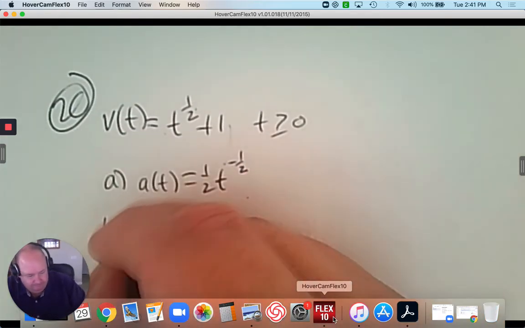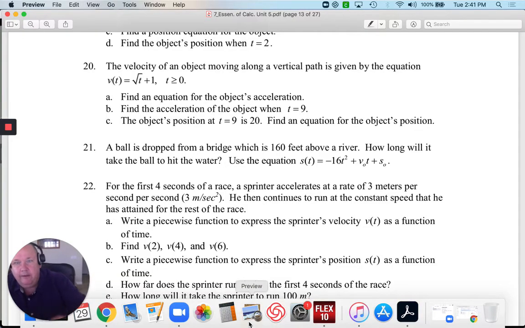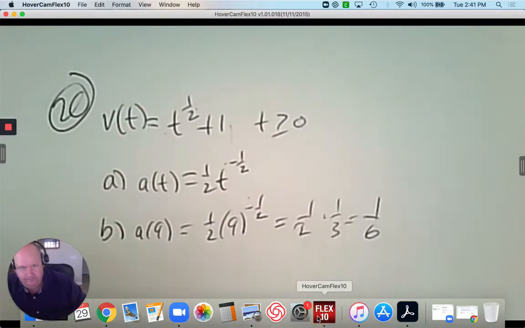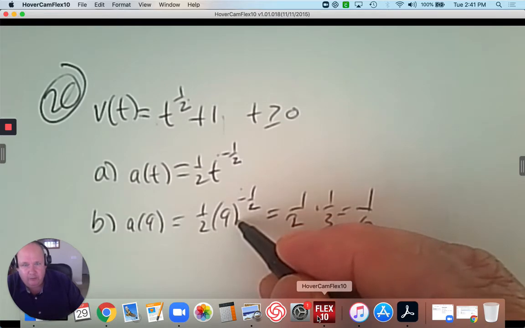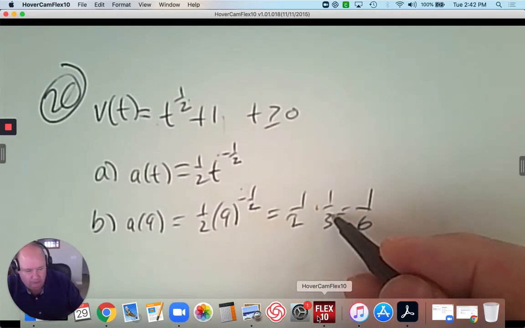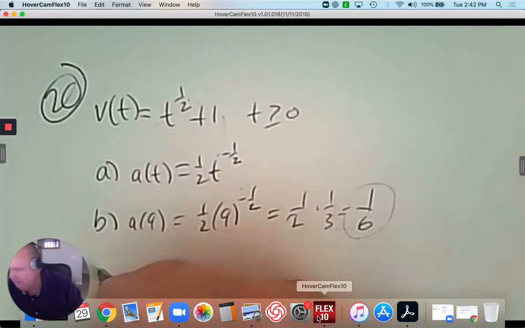For B, it says find the acceleration at 9. So you just plug 9 in and solve it. So if you plug 9 in, the square root of 9 is 3, but that negative exponent means reciprocal. So then you multiply across the top and bottom and get 1/6.